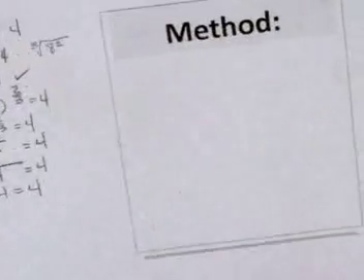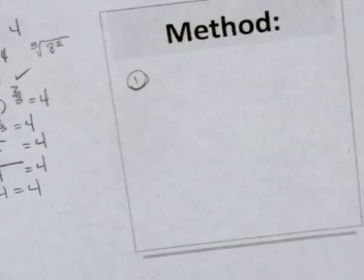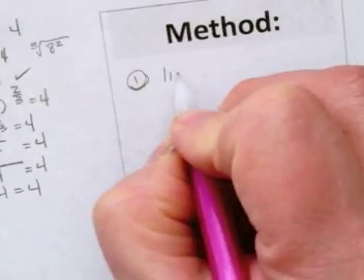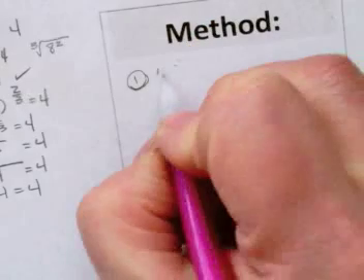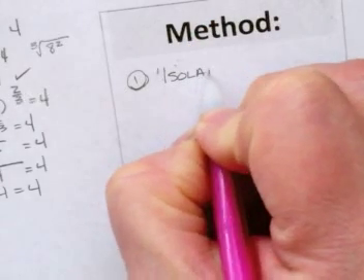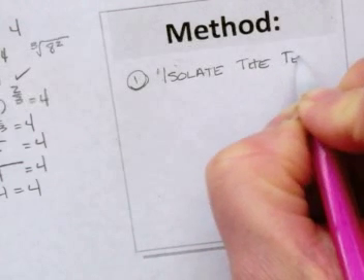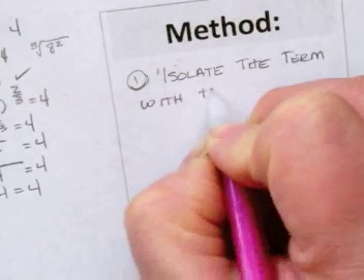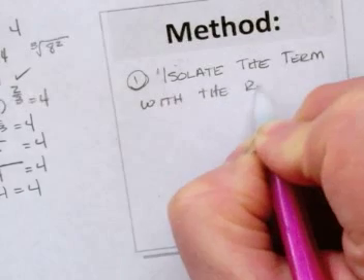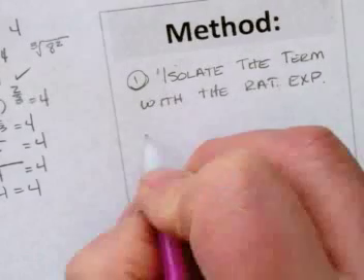So let's write down the steps, the method that we use to solve this problem. The first step was we isolated the term with the rational exponent.